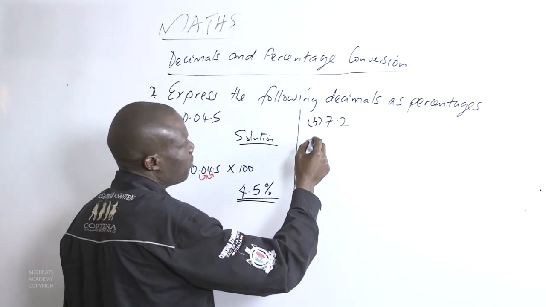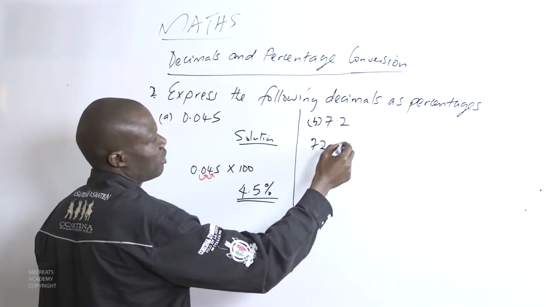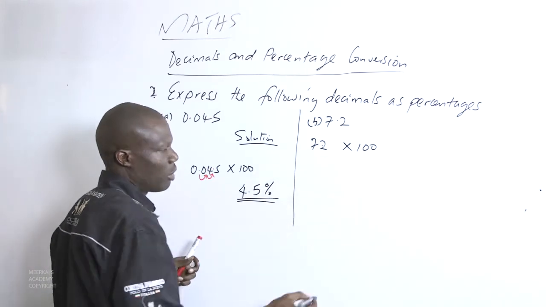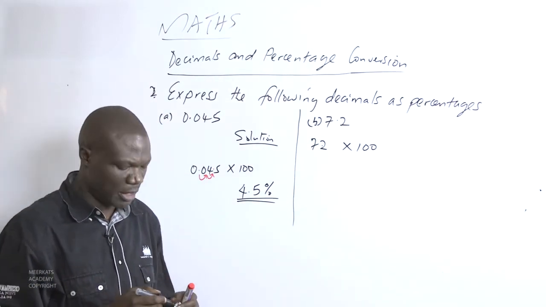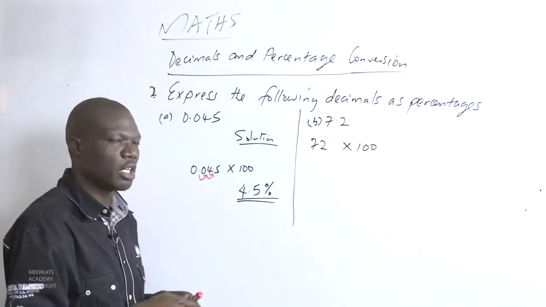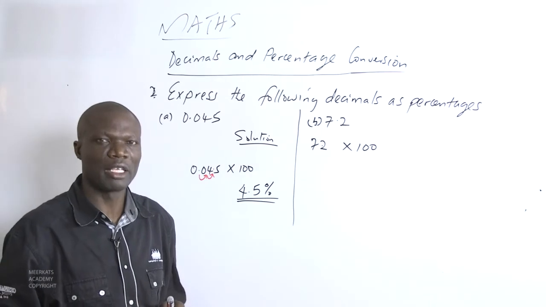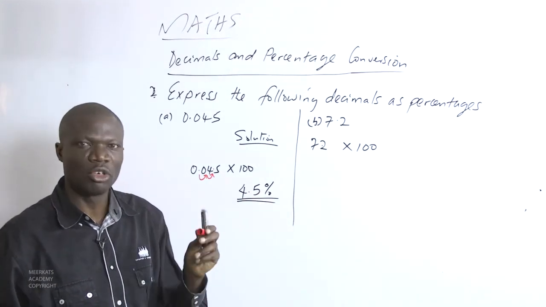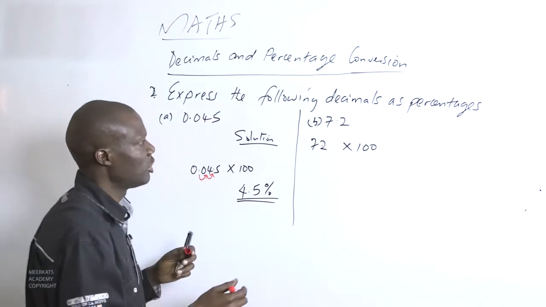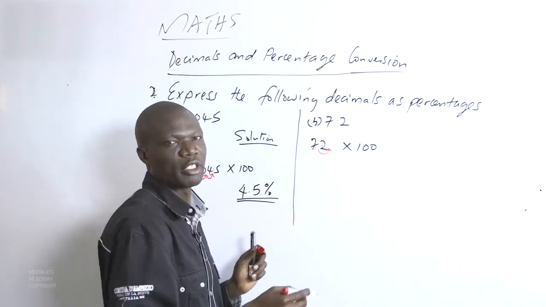We have 7.2, and to convert this into a percentage, we shall multiply by 100. As seen earlier on, even from this previous example, we notice that the decimal place is very important when converting, where it has to move to the right 2 places. So the first place it moves, it will give us 72.